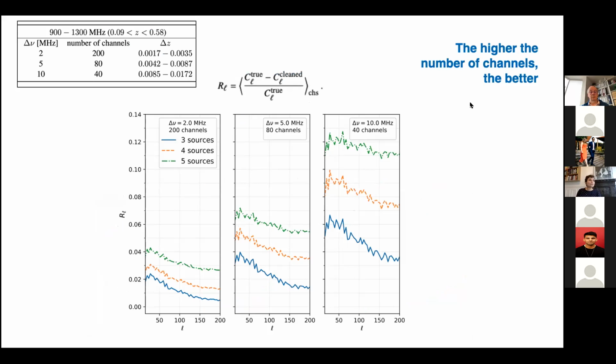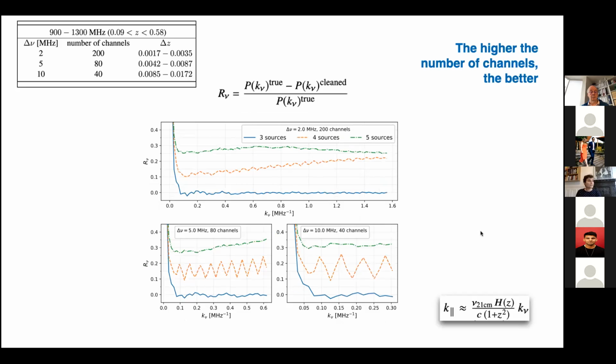This is to show that the higher the number of channels that GMCA can work with, the better the reconstruction. We can have a reconstruction of the true signal with less than 2% bias in angular power spectrum with just 3 sources. So this is good.